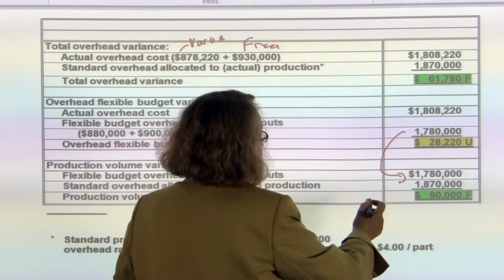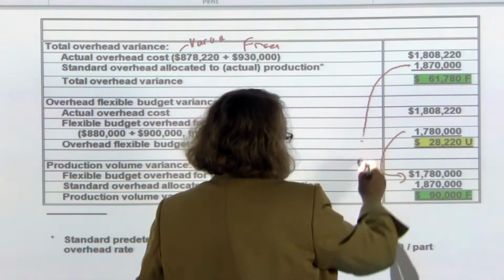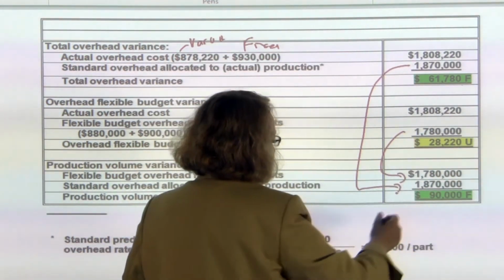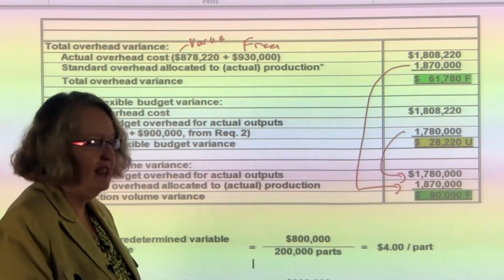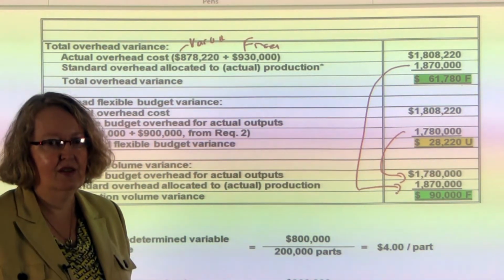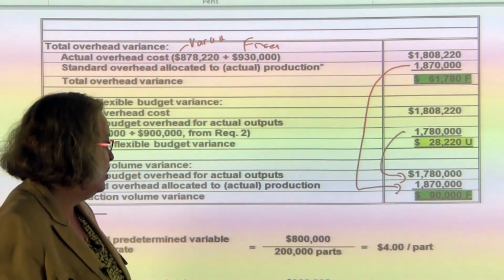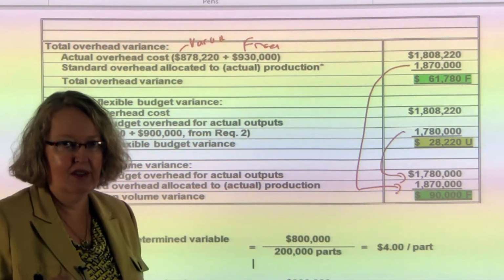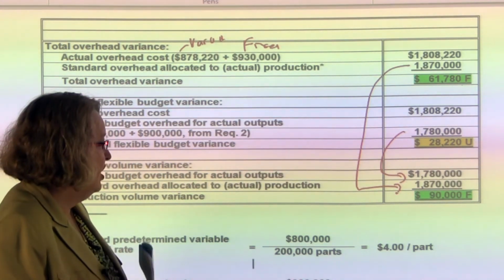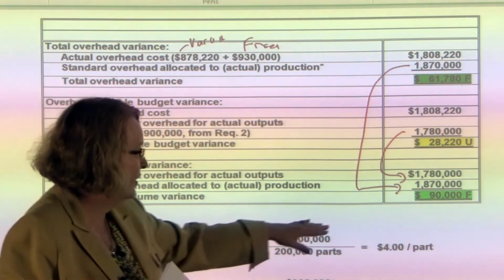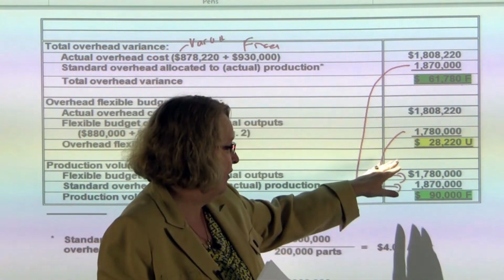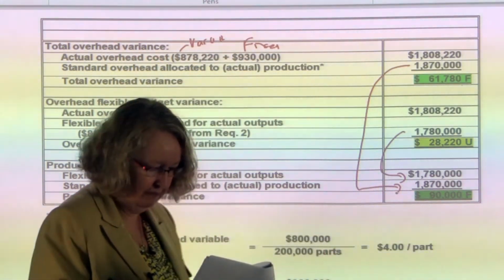And the 1870 from here. So the difference is $90,000. So it's $90,000 because you actually had a greater number of units, or parts, than you had predicted. So you have a favorable $90,000 less an unfavorable $28,220.